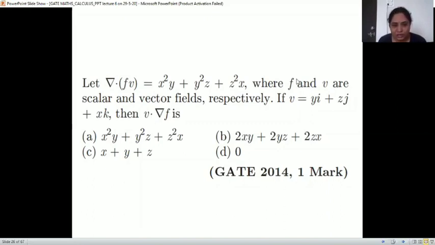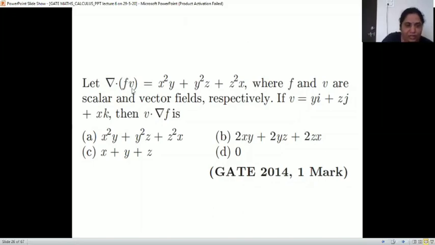Chalo, I'll tell you a hint. What to do here is, it is del dot fv bar. So we have a formula, del dot kv. How to write that? You have seen the formula, del dot fv bar. It is del f dot v bar. We combine this with this and take the dot product with this.